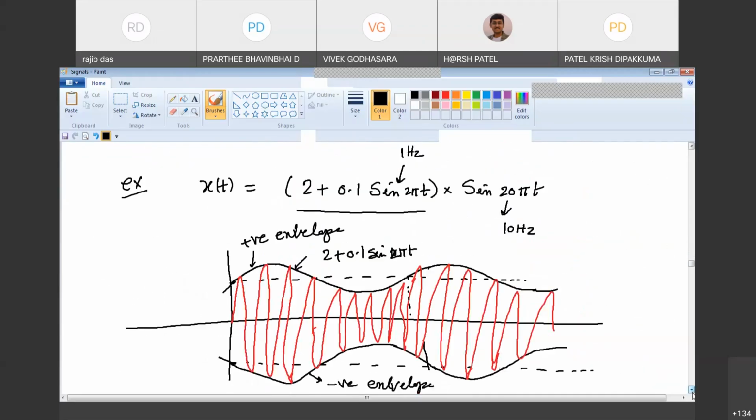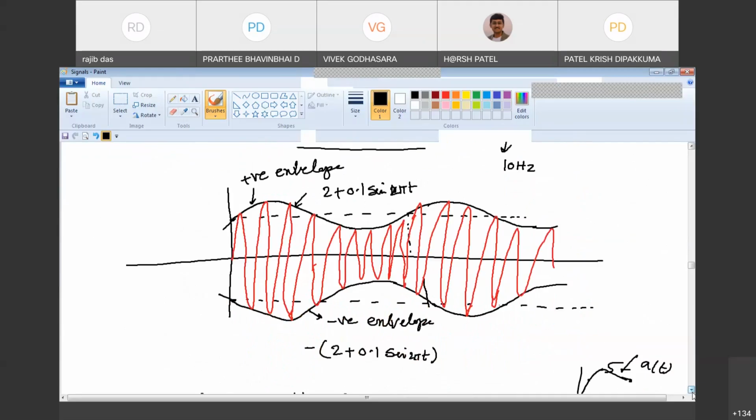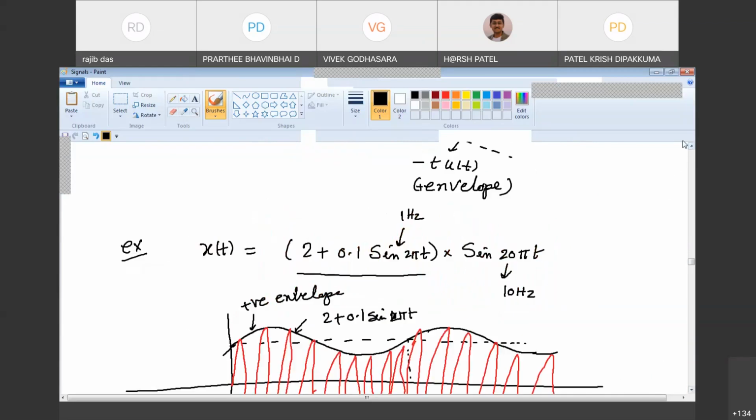And in communication, indeed, this is one kind of modulation. So in communication, what is happening? Our message signal, what we wish to send, that signal has low frequency. Like in this example, 1 hertz is a low frequency.